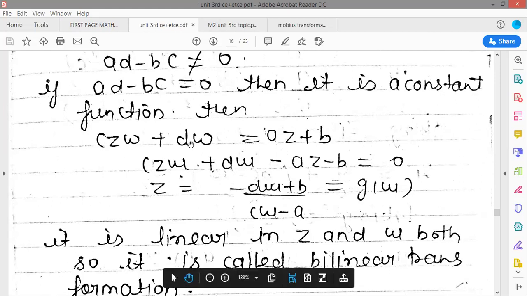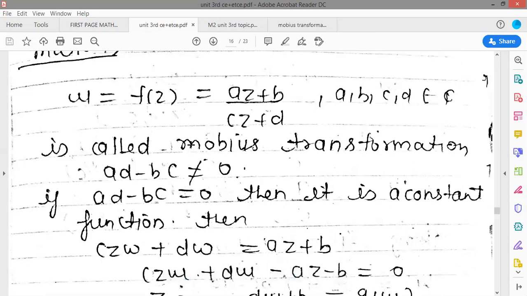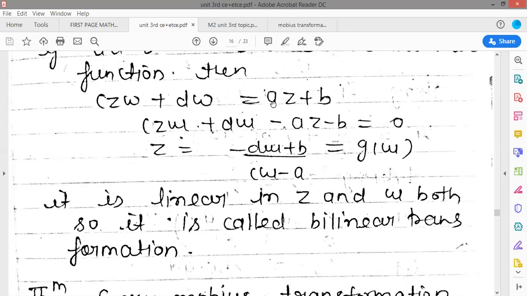So just cross multiplying, wcz plus wd is equal to az plus b. So czw plus dw minus az minus b is equal to 0. We need to find z only, so taking z in common, z is equal to (minus dw plus b) upon (cw minus a). So this is a function of w.